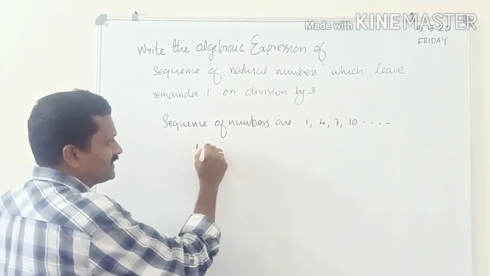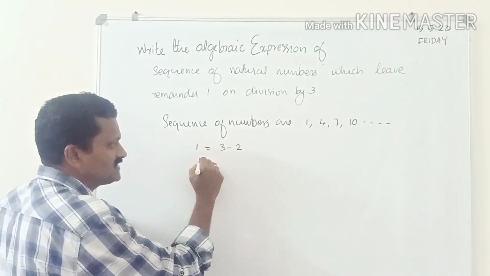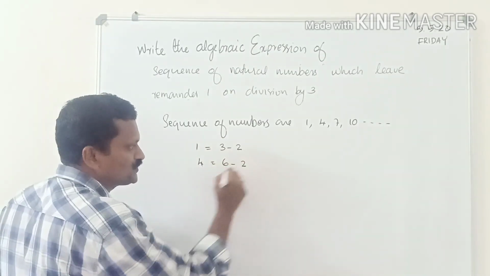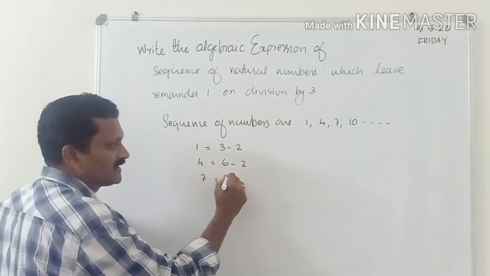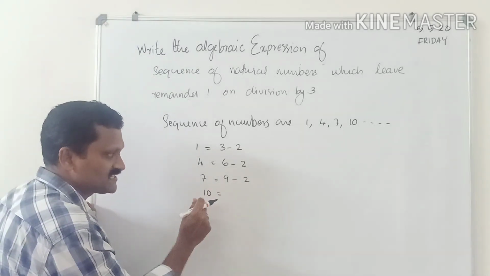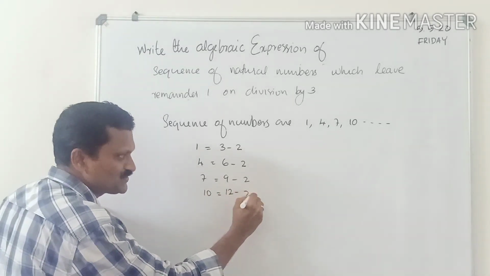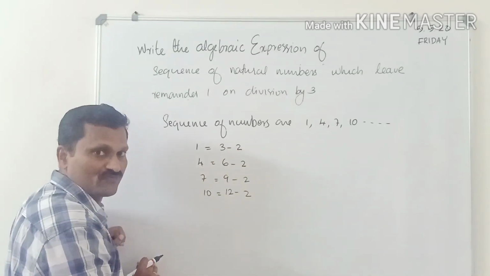So, 1 is written as 3 minus 2. 4 is written as 6 minus 2. In this way, 7 can be written as 9 minus 2. So, how can we express 10? That is 12 minus 2. Minus 2 is common or fixed.